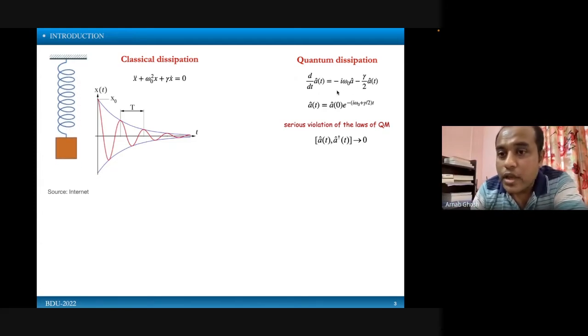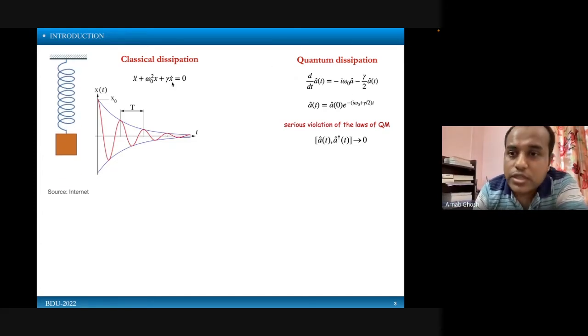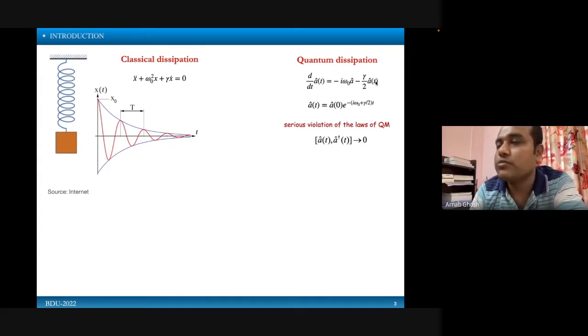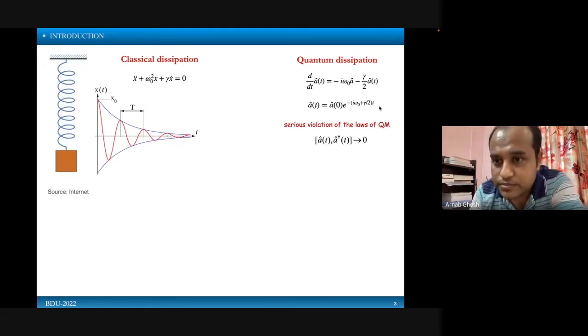But with the same philosophy, if you introduce dissipation phenomenologically in this Heisenberg equation of motion, it will be this differential equation, and you can solve it. The solution is given by this one.